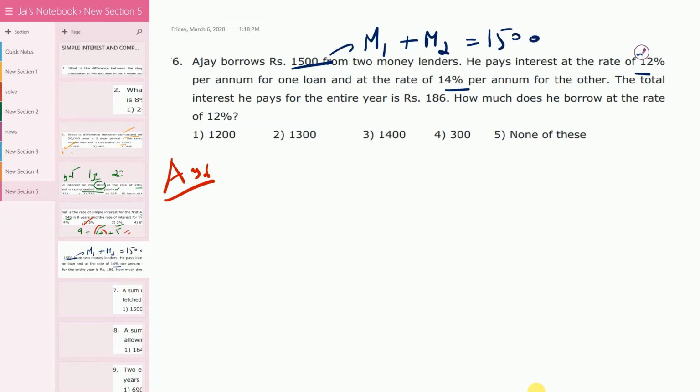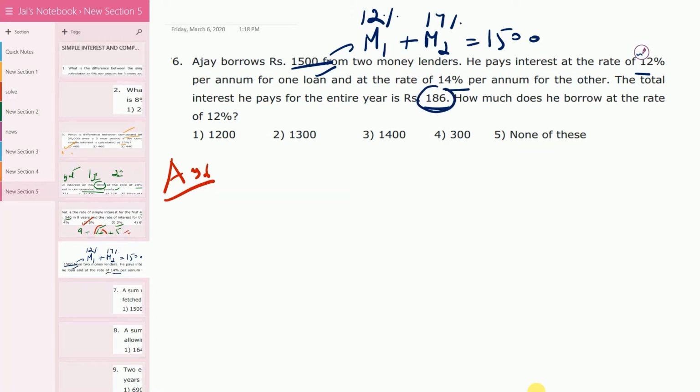He pays interest at the rate of 12% per annum for one loan. Let 12% be for this one and 14% for this one. The total interest he pays for the entire year is rupees 186. Using these, you can simply form an equation which will result in rupees 186.